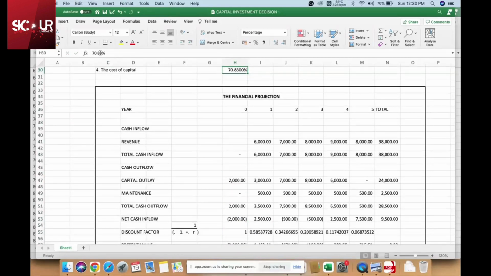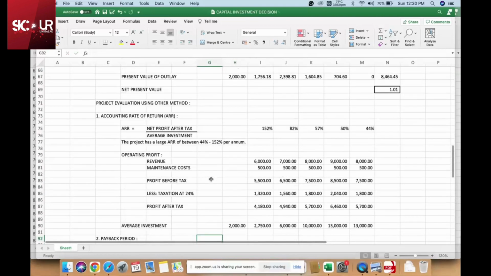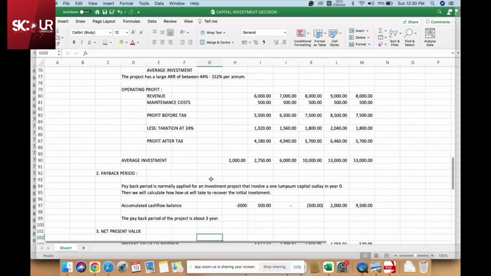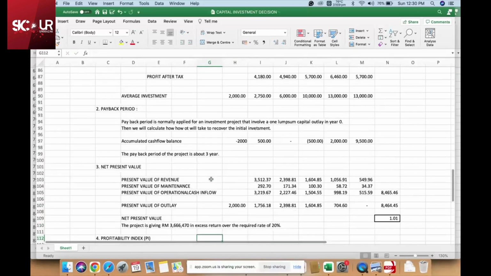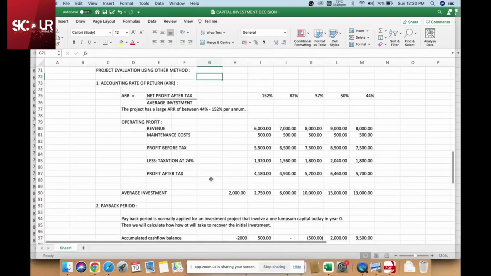So it is 825. Shouldn't it go higher? 825 is where it's 1.01.